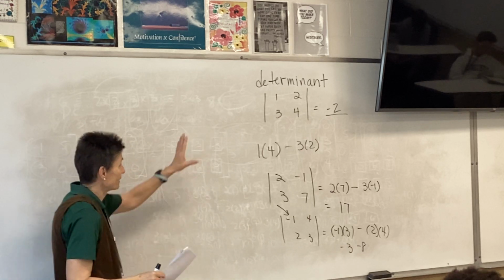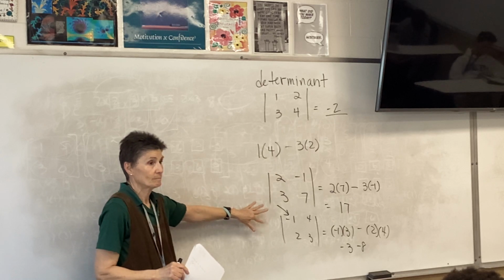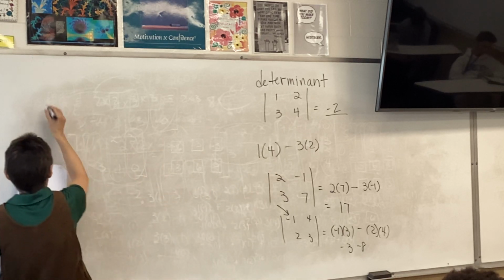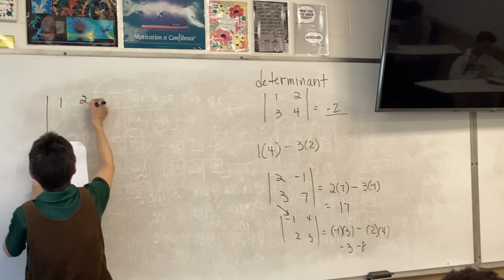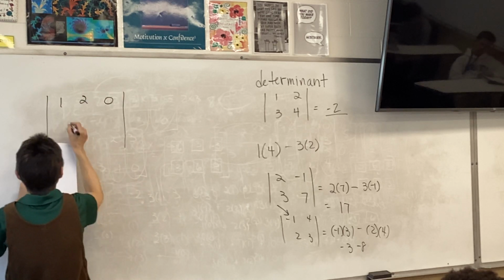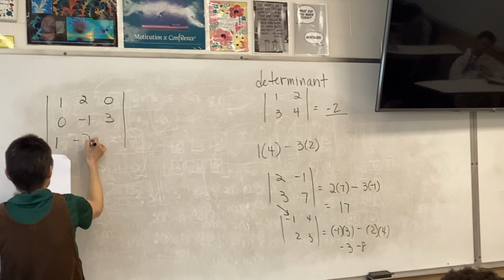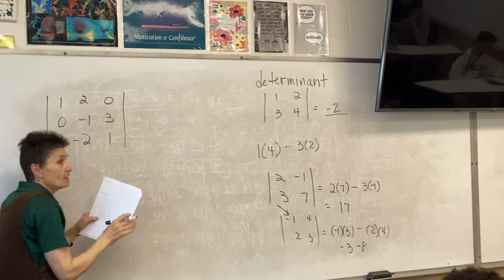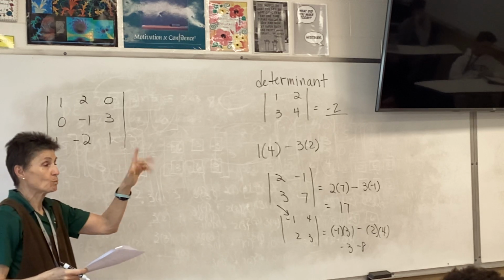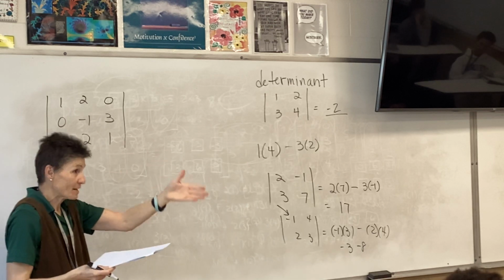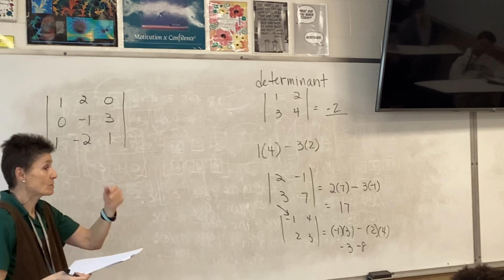All right, so everybody got the 2x2s under your belt? Now we're looking at the 3x3. By the way, you can only do determinants if the matrix is square. That was one of your vocab words. What does square mean? 2 by 2, 3 by 3. The dimensions are the same, so the same number of rows as columns.